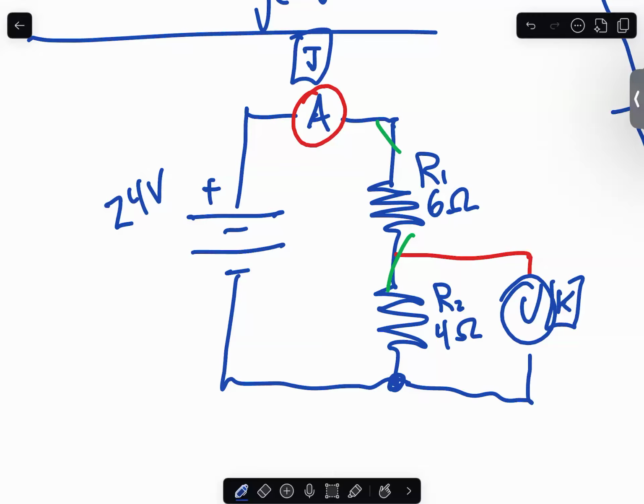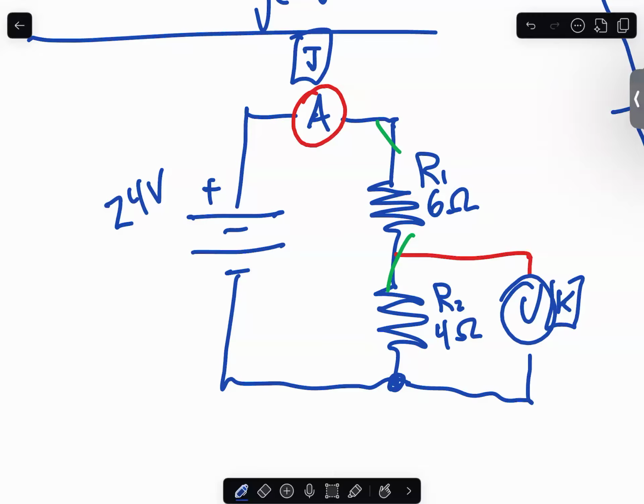Okay, so if you change the resistance of resistor 2, does the voltage across it change? We started at 9.6? I changed the resistance and it became 24? Does voltage change? Yes, absolutely.